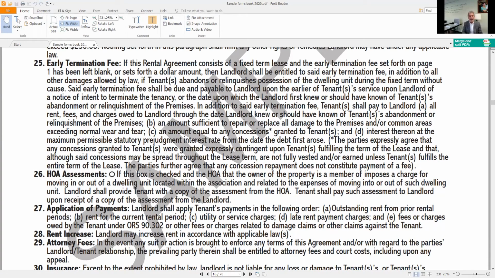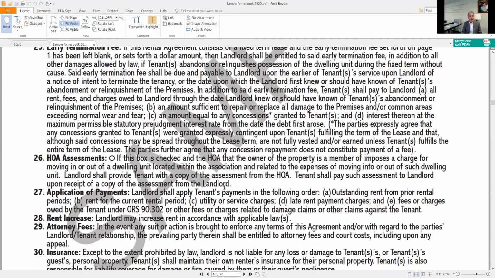Of course, you'd want to disclose that in your advertising for the unit. So that's what this is for: specific assessments designed for move in, move out by HOAs.